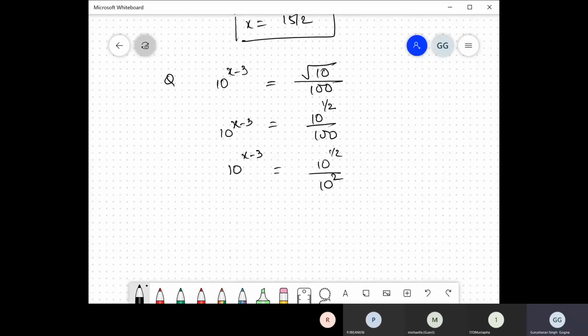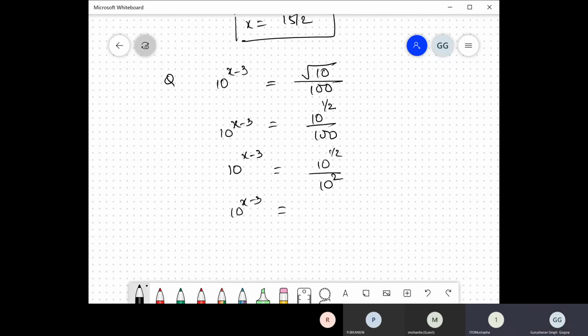And then which law is applicable now? Because I don't want two separate terms like this. So which law is applicable now? Would you take away the powers from each other? Exactly.